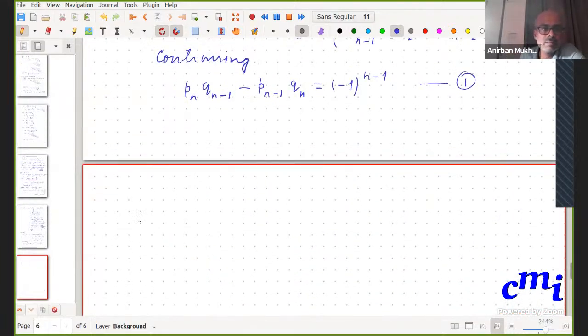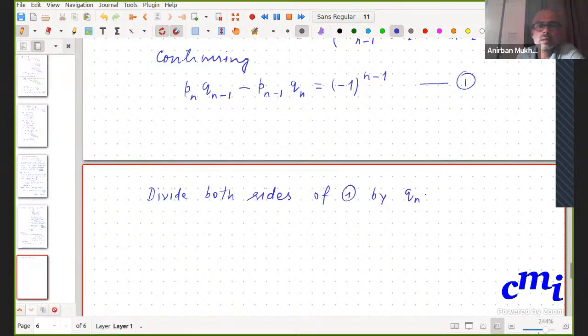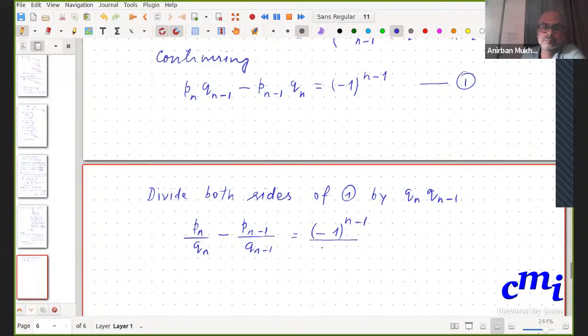So first of all, if we divide both sides of 1 by Qn minus 1, then what we get is Pn by Qn minus Pn minus 1 by Qn minus 1 is equal to minus 1 to the n minus 1 over Qn Qn minus 1.